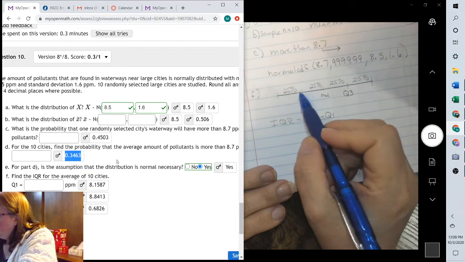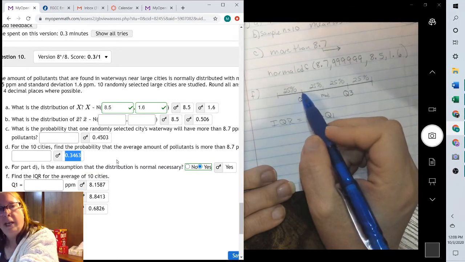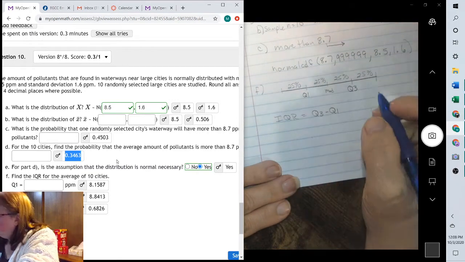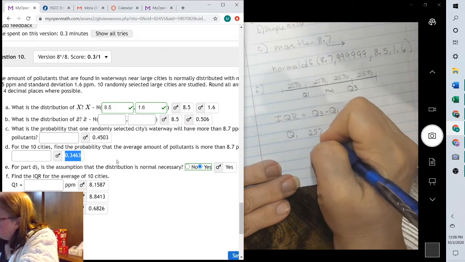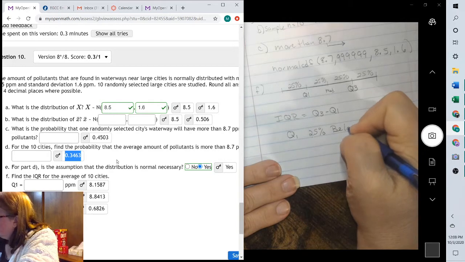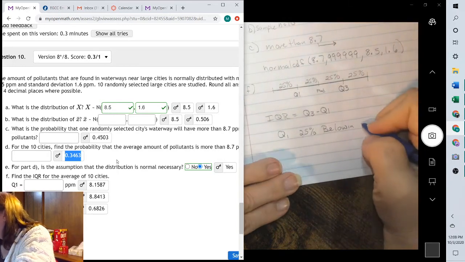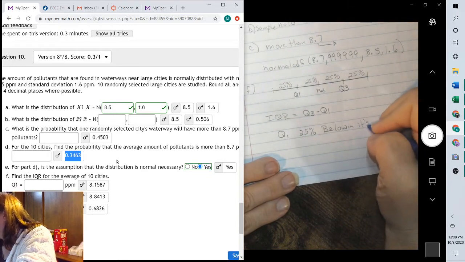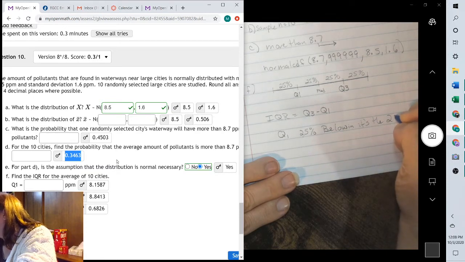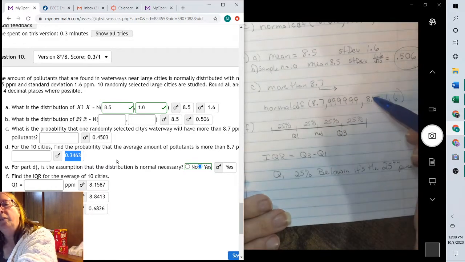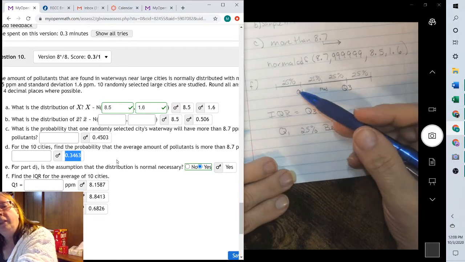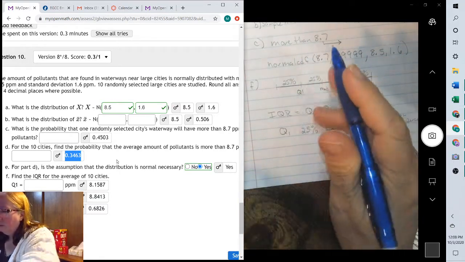So to find this, 25% of the data is below it. It's the 25th percentile. Now in this one, we're doing the reverse. Instead of finding the percents like we did here, we're finding the number given the percent.